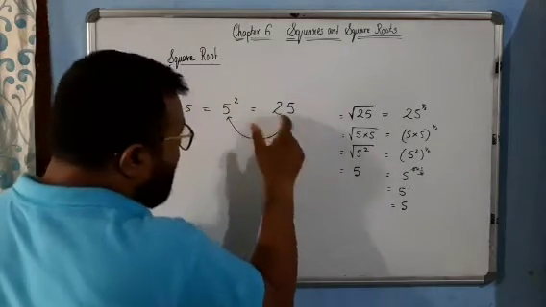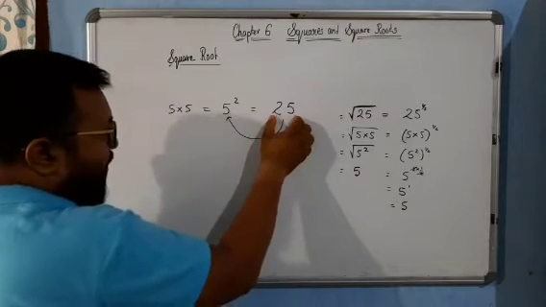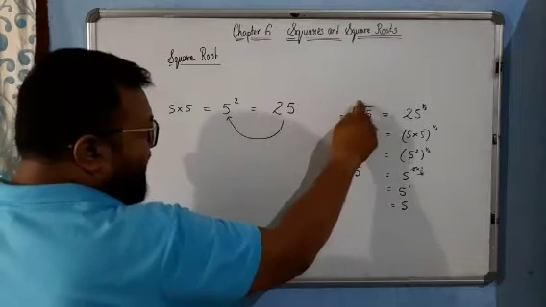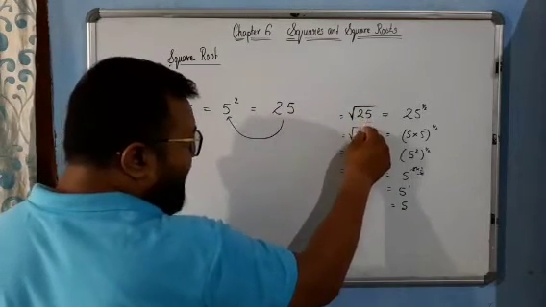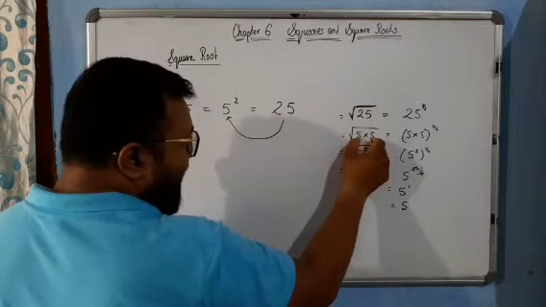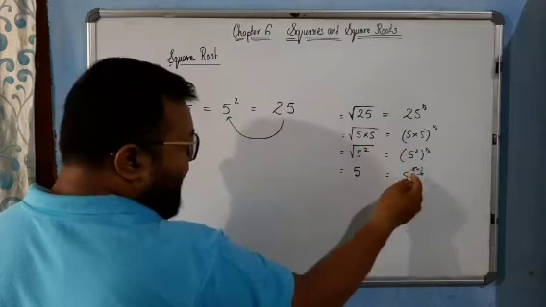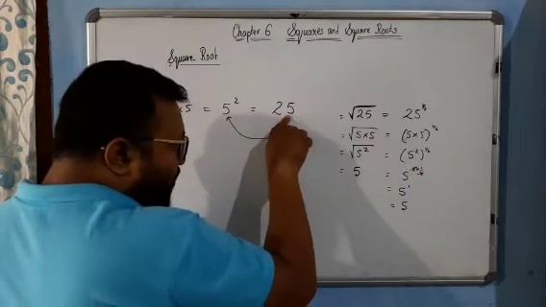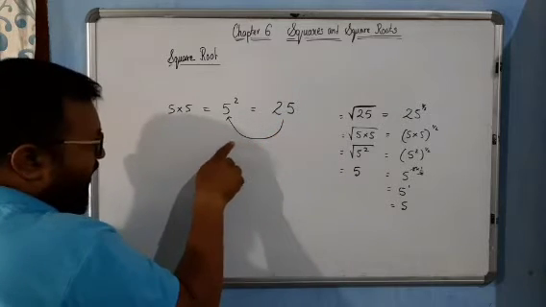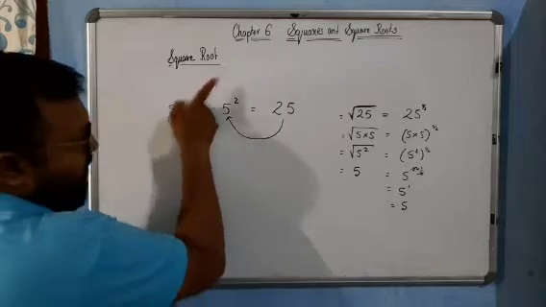So what will be the square root? If we give this symbol, it shows that 25 is 5 into 5, which is 5 square. The square and root cancel out, and this leaves 5. So the square root of 25 will be the number which, multiplied by itself, gives you the perfect square number.